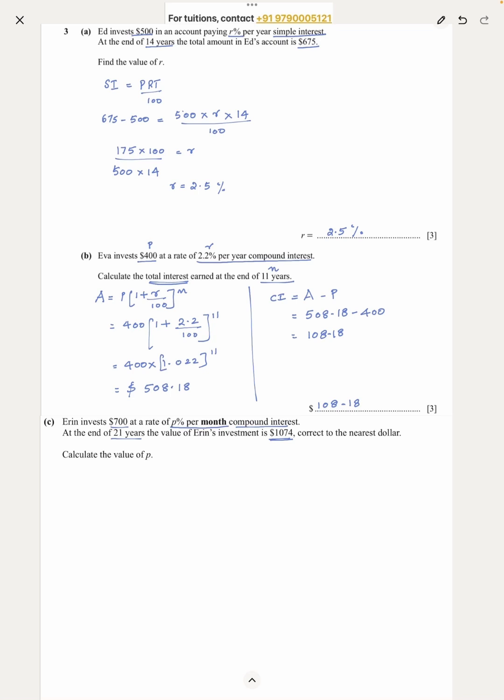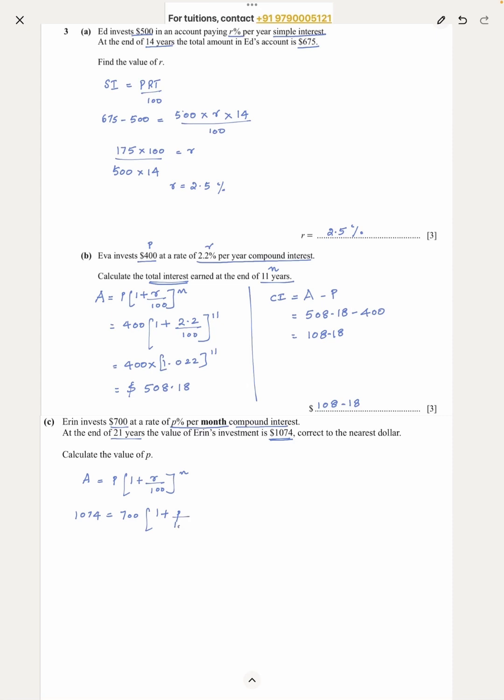So A is equal to P times 1 plus R by 100 to the whole power N. Now A has been given, 1074, and P is 700. 1 plus, this is per month, so P is for per month.